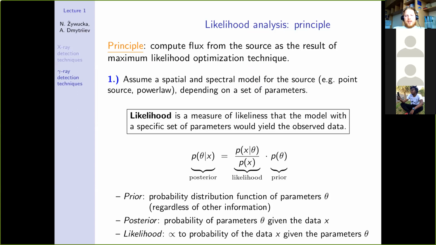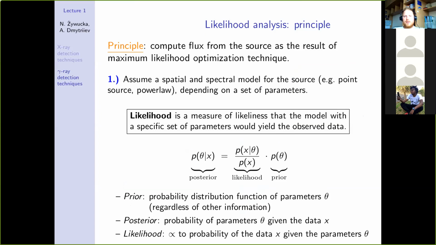So now about the likelihood, which is a more rigorous and precise approach. Okay, this is a whole different story. So for likelihood analysis, you reconstruct the source flux depending on the model.